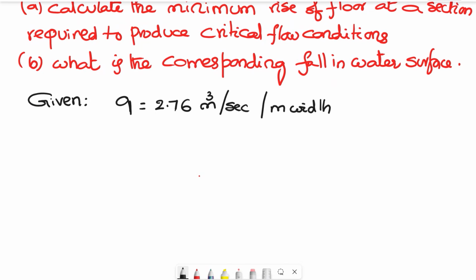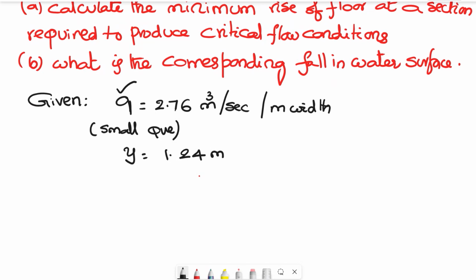That's why I have written it as small q. Then the depth of flow, y, he has also given, y equal to 1.24 meters. His question is: calculate the minimum rise of the floor at a section required to produce the critical flow conditions.